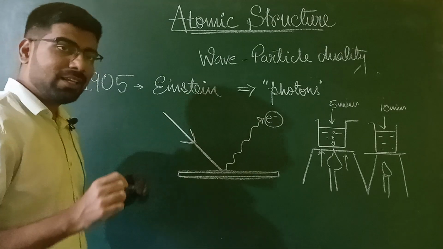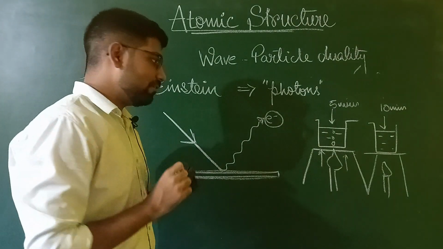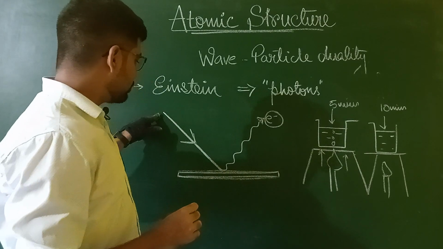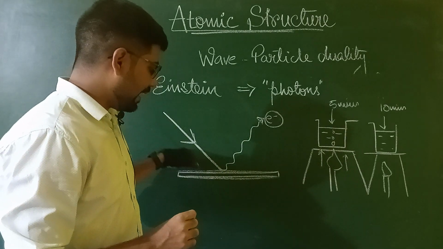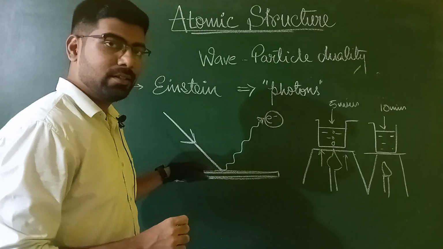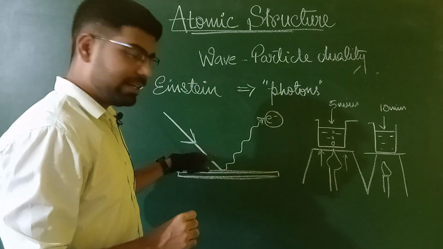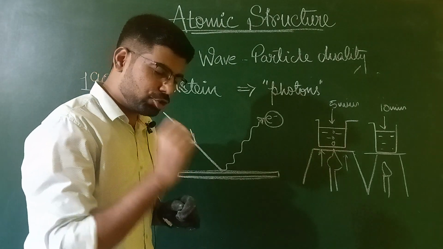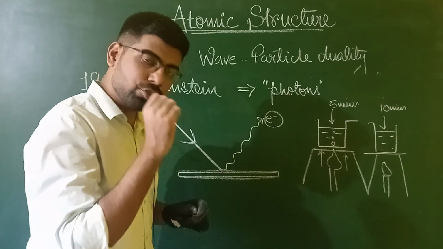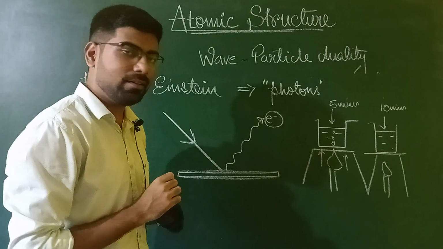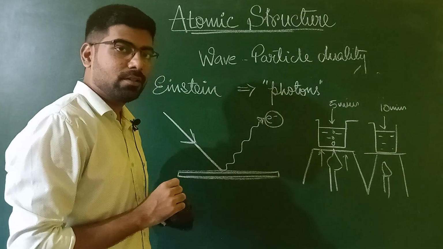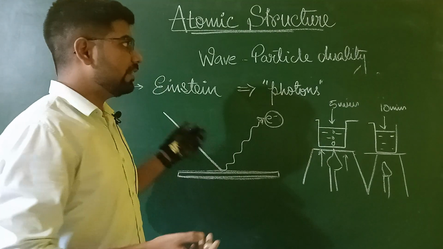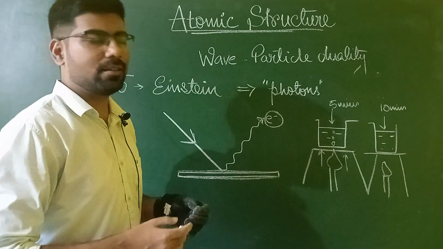So if the energy of the light was continuous, as based on classical physics, and I incident light of lower energy and incident it long enough, then after some time an electron should be emitted from the surface of the metal, right? Let's say green light is emitting electrons whereas red light does not.